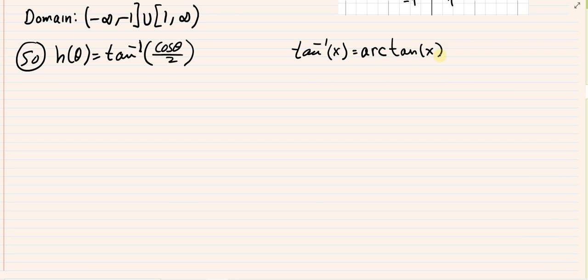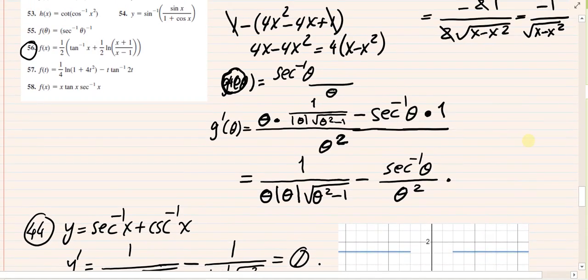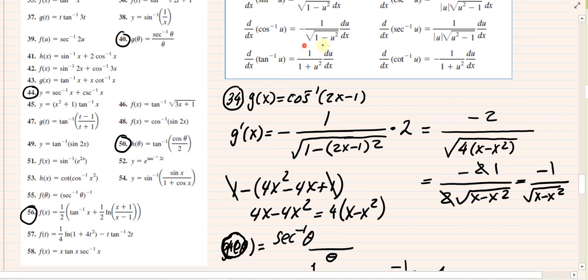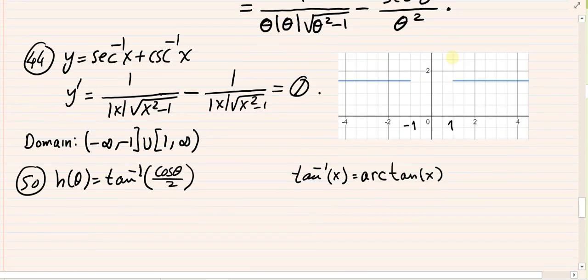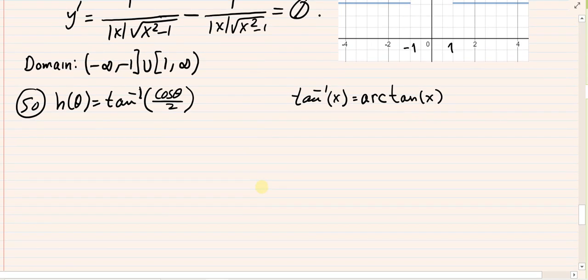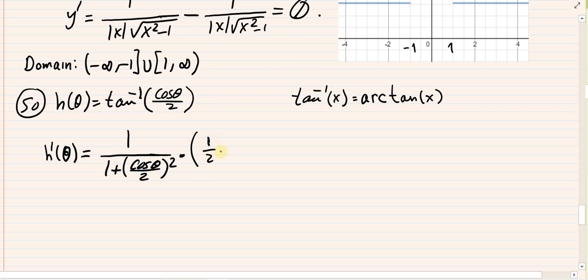Okay, now the derivative of this one, so we're going to work with arc tan. Arc tan is easy to remember also, it's 1 over 1 plus u squared. For cotangent, it's going to be negative of that. So this is going to be like u, and then h prime theta is going to be 1 over 1 plus u squared, that's cosine theta over 2 quantity squared, times du, the derivative of 1/2 cosine theta, which is going to be half the derivative of cosine, negative sine theta.